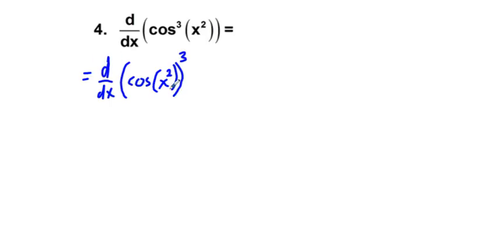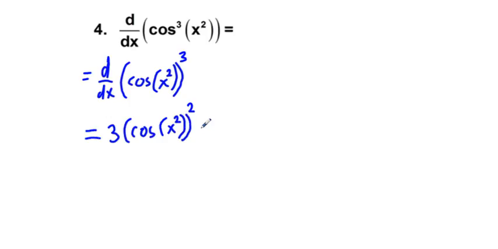And so taking the derivative is we multiply by 3, so we have 3 out front, and then we just continue to bring this cosine of x squared, and then we have this 3 minus 1, so we square that. And now we take the derivative of the inside.